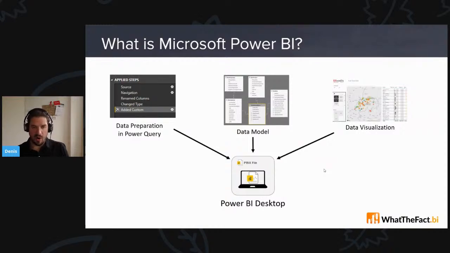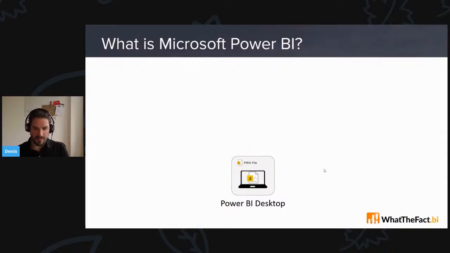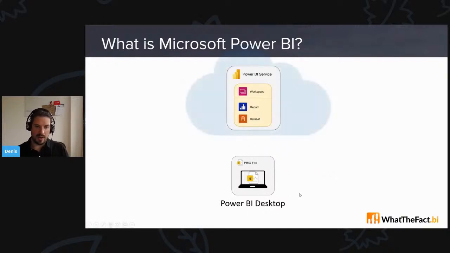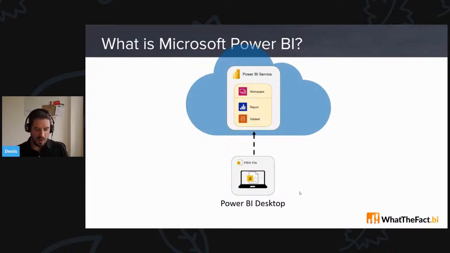What else does Power BI offer? There's not only Power BI Desktop, there's also the Power BI service. So everything you did in your report, you can at one point upload to the cloud, to the Power BI service. That means I need the Power BI Desktop to create my file, but I don't need it anymore to view my report.